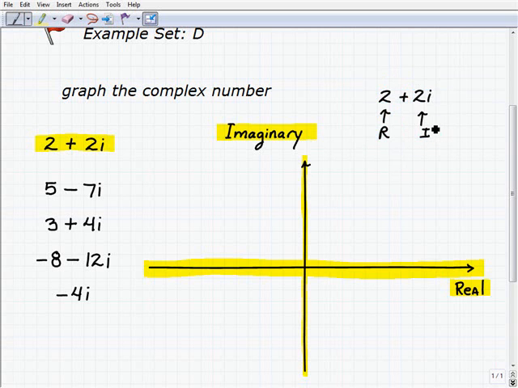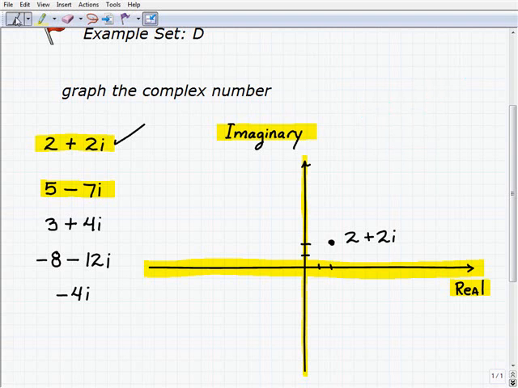So 1, 2 on the real number axis is right there, and 2i is right here. That's 1i, that's 2i, so that's the point right there. 2 plus 2i, plotted on the complex number plane. All right, let's go on to our next example, and let me erase this.